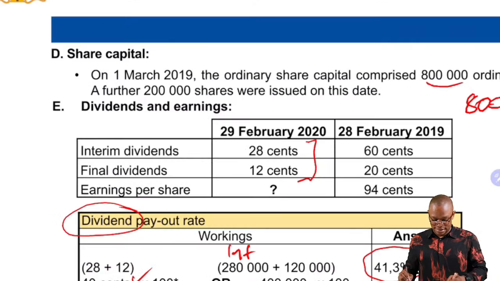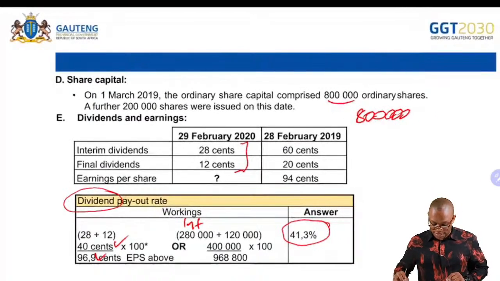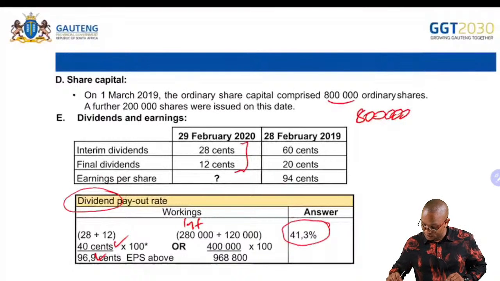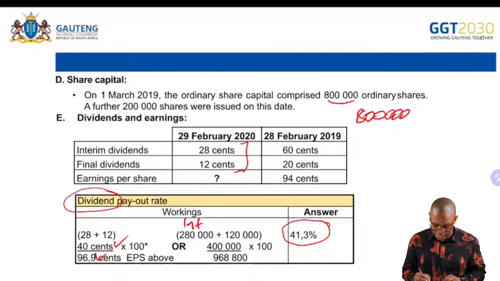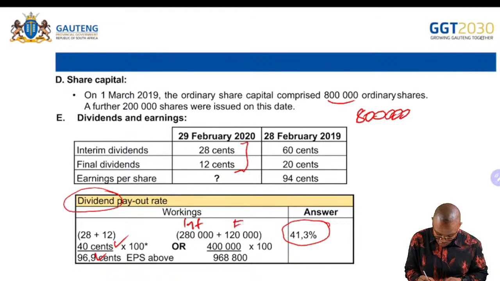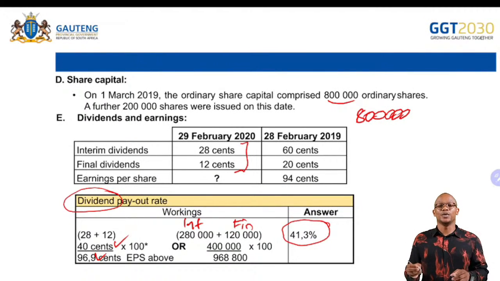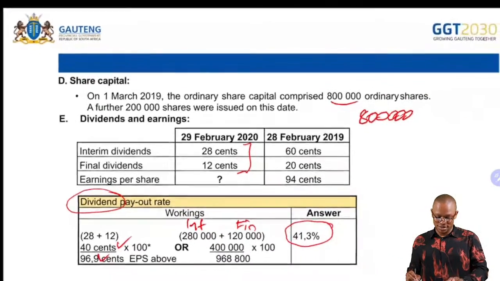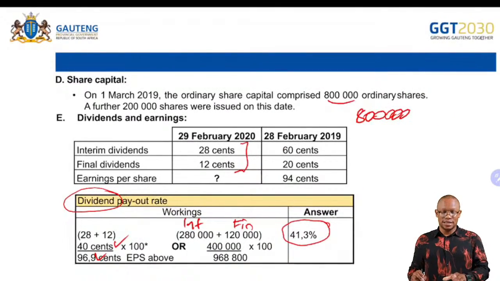It's 12 cents. You will say 1 million multiplied by 12 cents, you will get 120. This is your final. So when you add the two, you will get your 400,000.